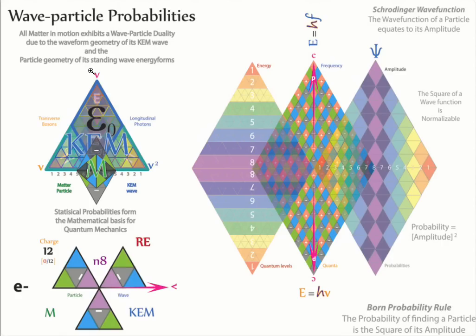As the velocity increases for a particle or for a field of energy momentum moving through a medium, the number of quanta changes in direct proportion to the square of the velocity, and the net momentum of the energy momenta within this field gives us the resultant velocity in relation to the mass matter of the particle that it's accelerating.